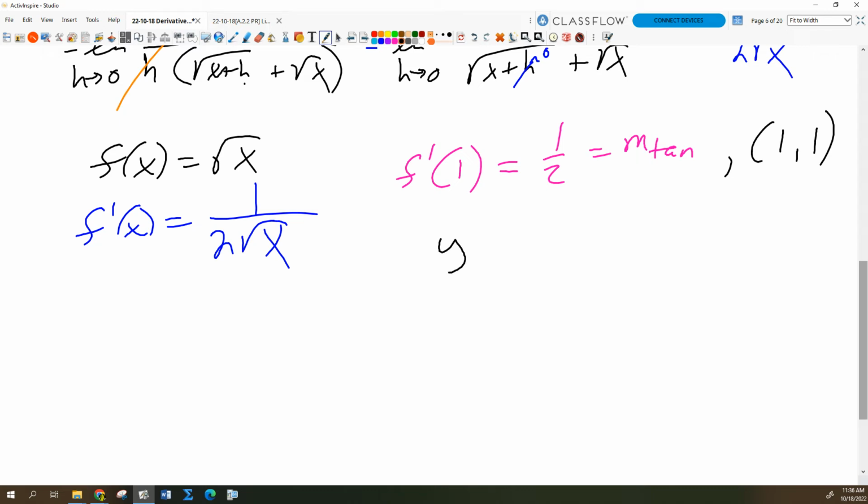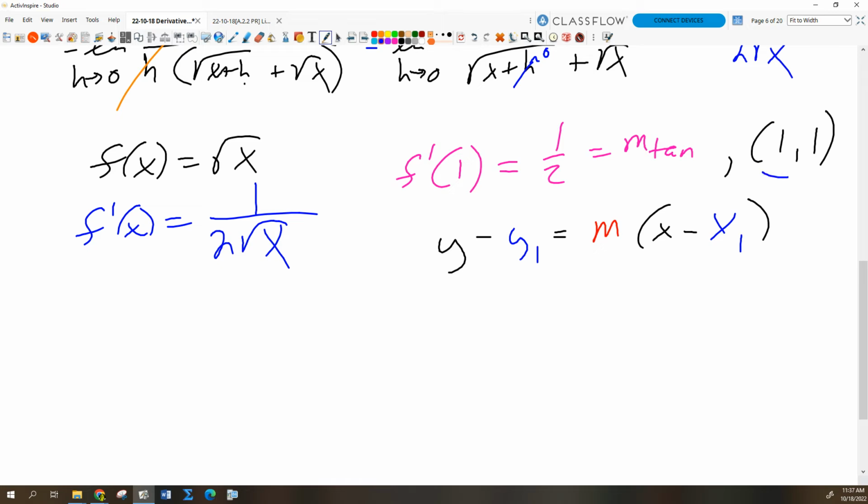Remember point slope: y minus 1 equals m times the quantity x minus x1, right? There's point slope.